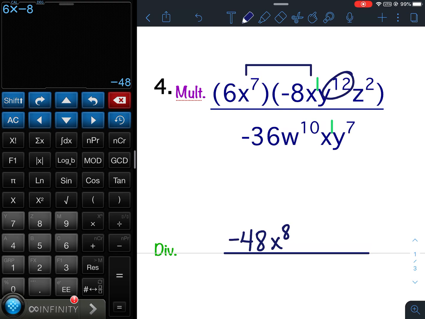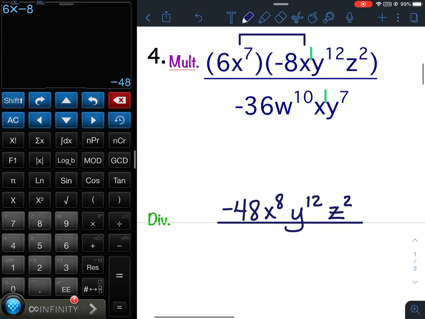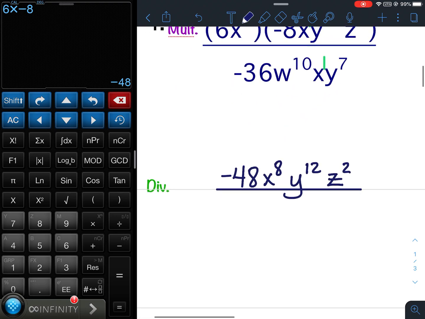This y to the 12th, it's the only y term in the numerator, so I just bring it down. And the same thing with the z to the 2nd. There's only one z term in the numerator, so I just bring it down. There was nothing to do in the denominator, so I'm just going to rewrite it. Negative 36, w to the 10th, x to the 1st, y to the 7th.